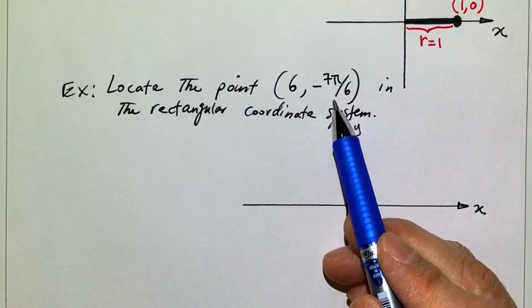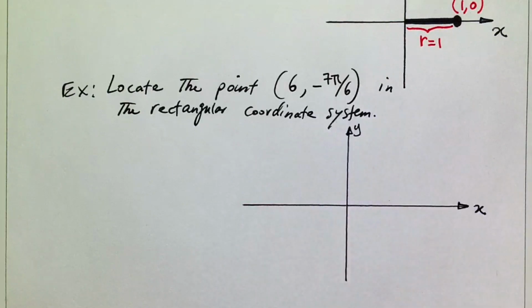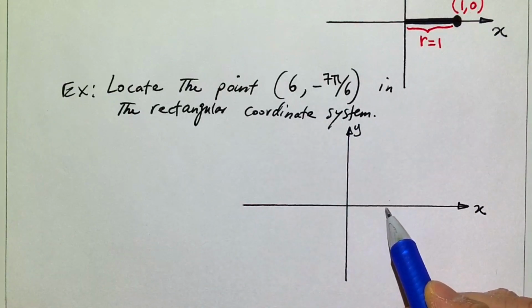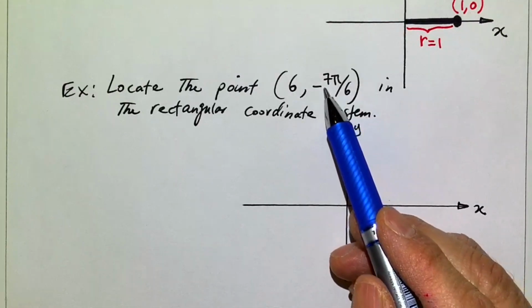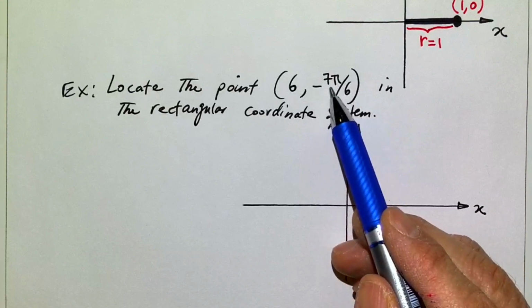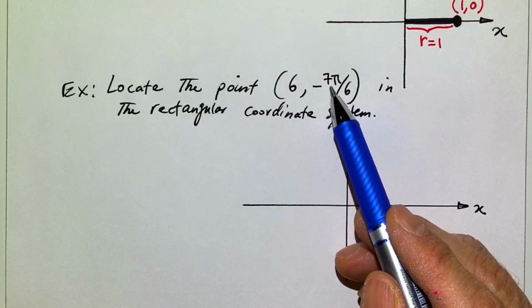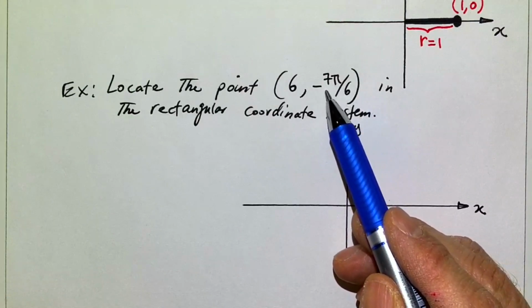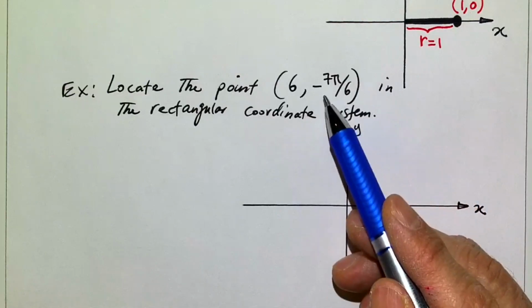Now, where would this angle be, right? Which quadrant would it be if we're going in the clockwise direction? Well, if this was negative 6 pi over 6, and it's a little bit larger than that, right? It's 7 pi over 6. If it was negative 6 pi over 6, this would be negative pi, right? The 6 and 6 would cancel out.